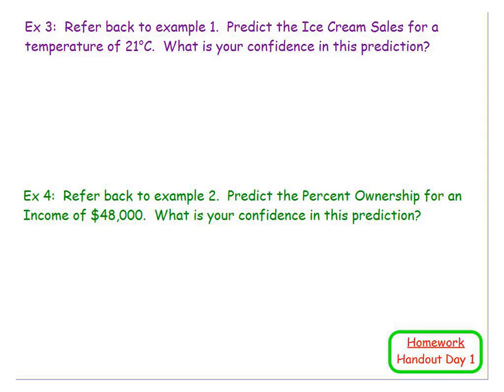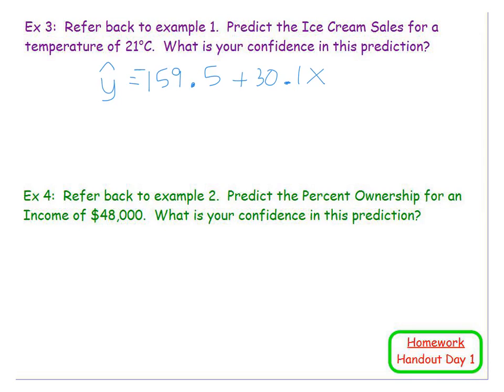So the first problem asks us to go back to example 1, that was the ice cream sales problem, and do a prediction for that one. So I'm going to reference back and rewrite down my equation. Our equation from the ice cream problem was y hat equals negative 159.5 plus 30.1x. And so it wants us to predict the sales for a temperature of 21 degrees.